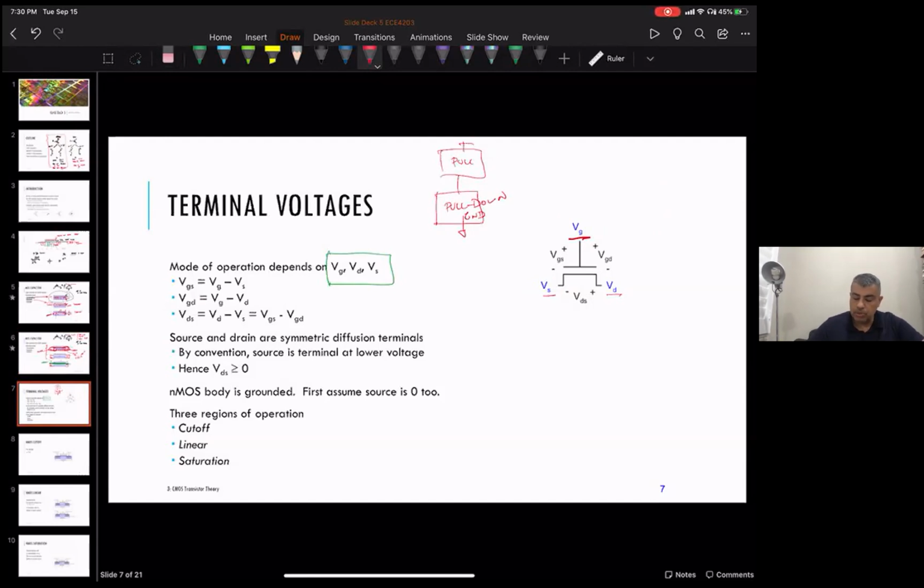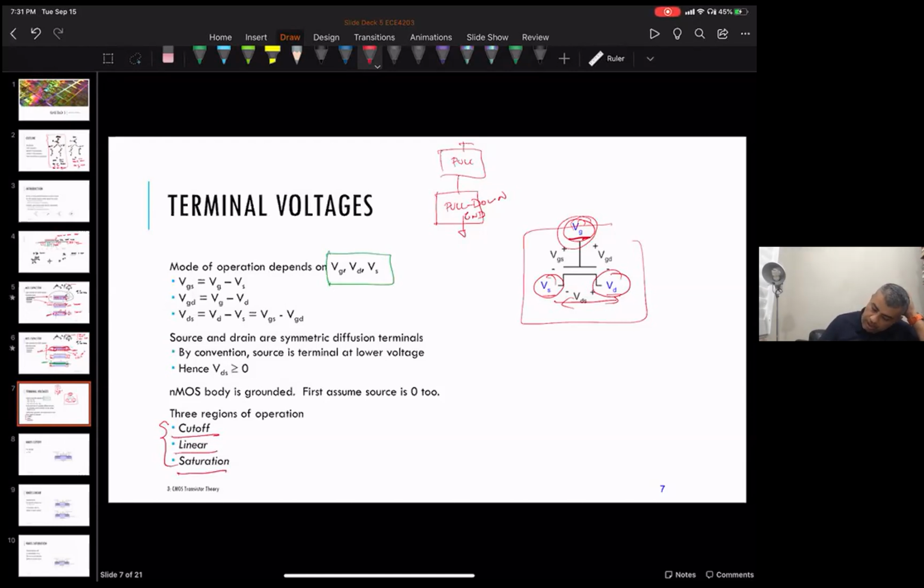Anyway, you end up with three modes of operation, and it depends on these voltages: the gate to source voltage, the gate to drain voltage, and the voltage between drain and source. Depending on these voltages, we end up in these three regions: cutoff, linear, or saturation.